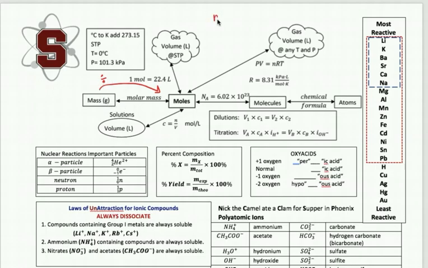Like in the formulas, mass divided by molar mass gave you moles. So some students looked at it like, when we go that way, we divide. When we go back this way, we multiply. To get mass, it was always the moles amount multiplied by the molar mass. So they would memorize it this way.